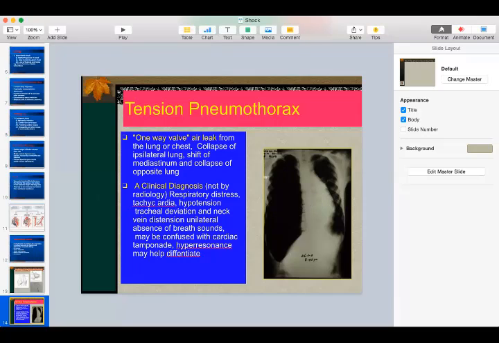If you dive further, we see there's an increased black area on this side compared to this side. Along with that, the most important thing is the shift of structures completely from this side onto this side. These are the mediastinal structures, the heart and the trachea as well up here, and they've been drastically shifted towards the left side, occupying a majority of the left side of the lung.